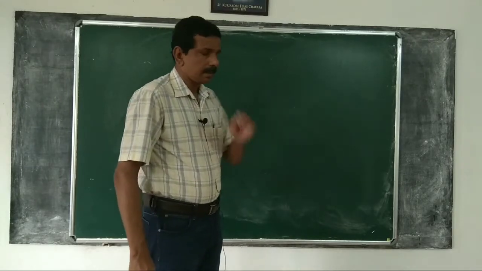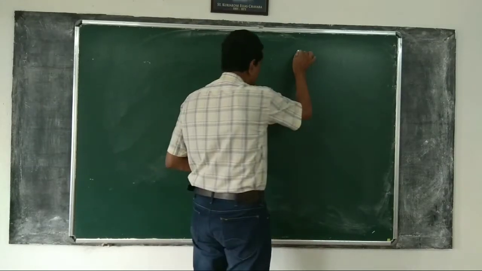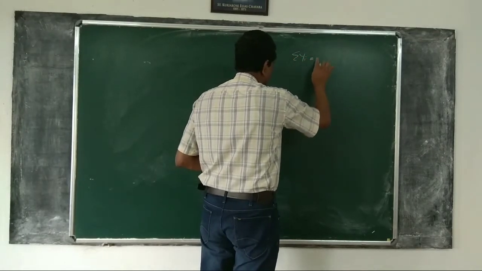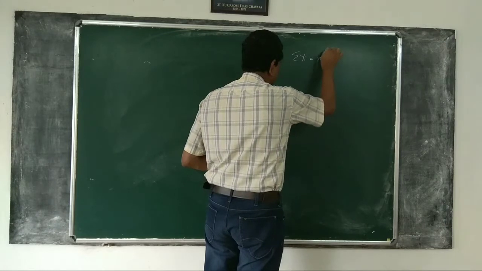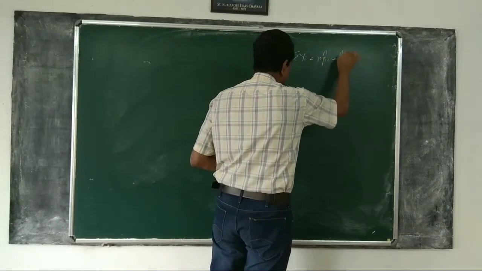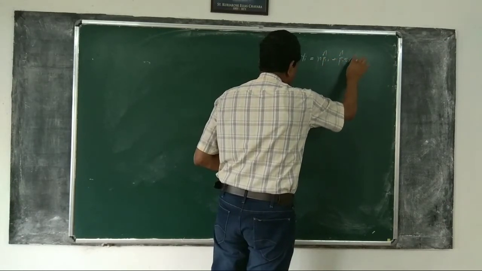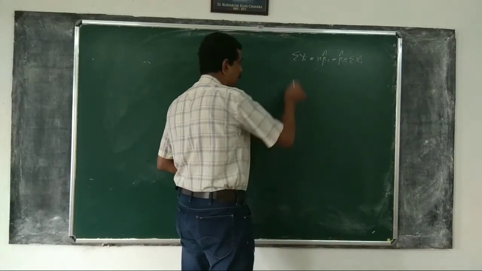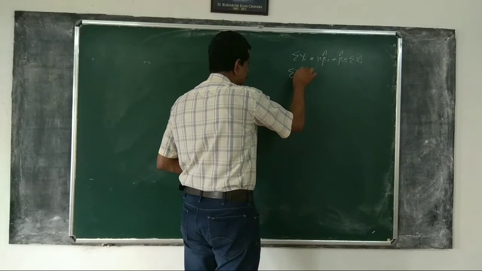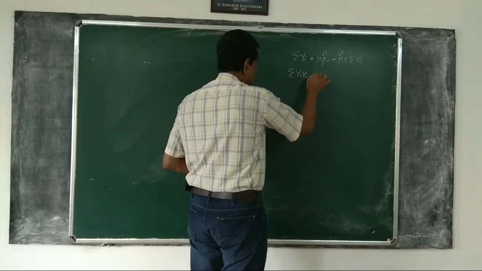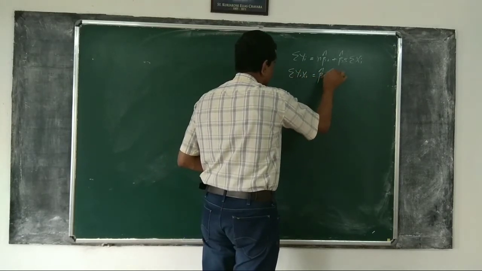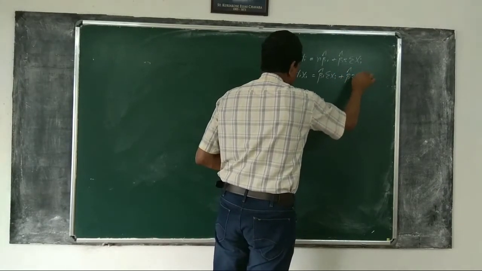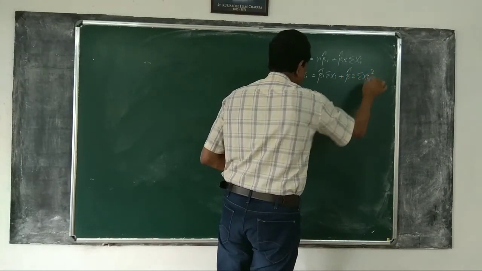We have written the normal equations as sigma yi equals n into beta 1 hat plus beta 2 hat sigma xi. And the second normal equation is sigma yi xi equals beta 1 hat sigma xi plus beta 2 hat sigma xi square.